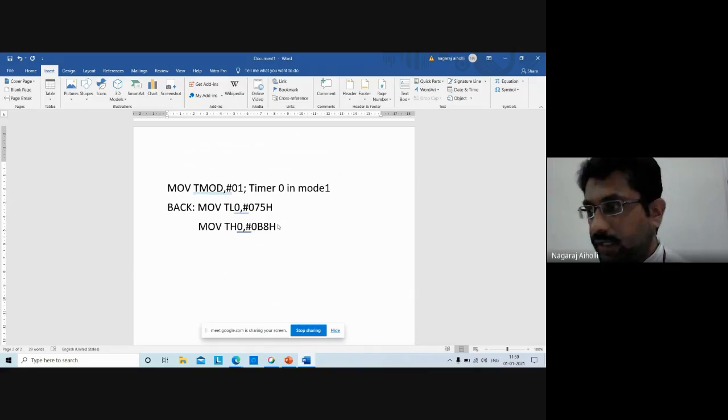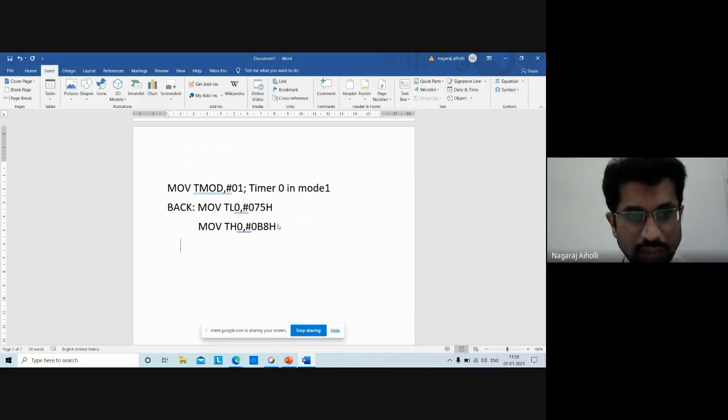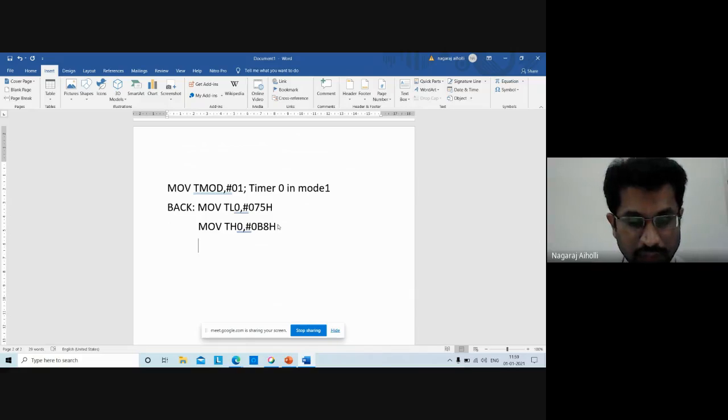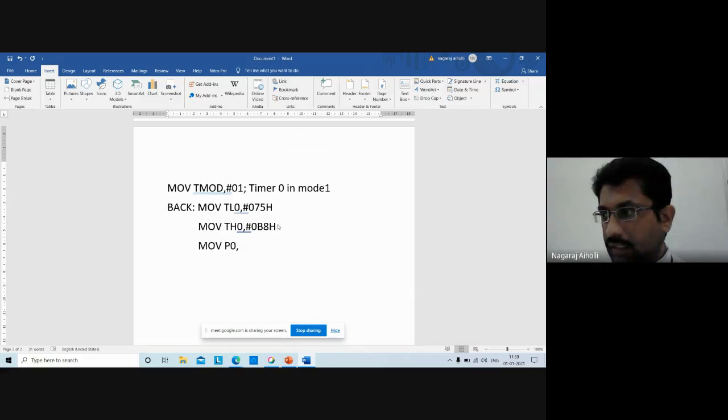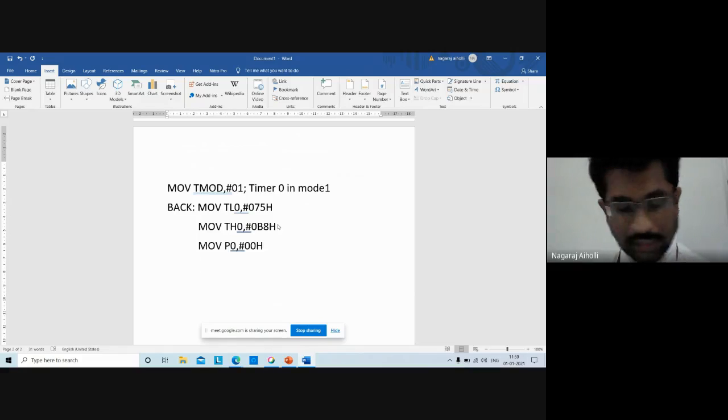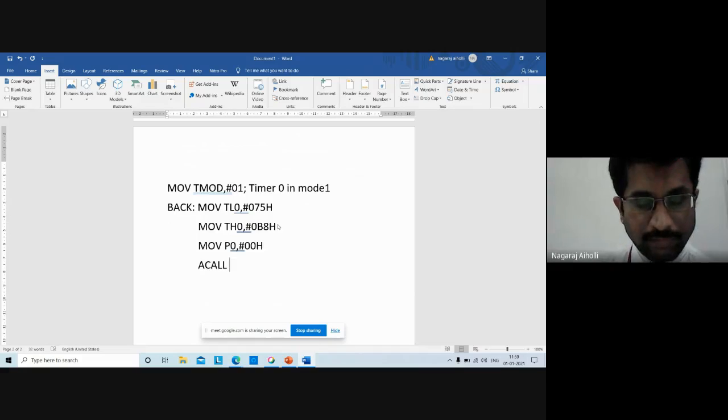Next, once we have done this, we have to generate the square waveform on all the pins of port 0. It is MOV P0, #00H. Then ACALL delay.